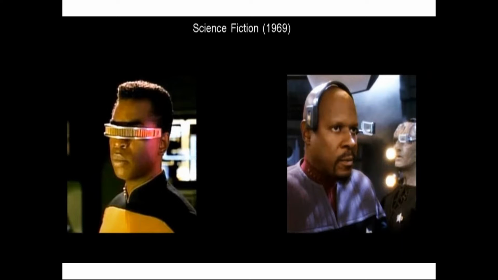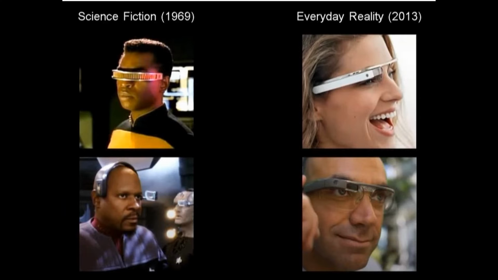The same science fiction of 1969 is now a reality, and it has been a reality for the past 7-8 years. This reality is now Google Glass. We are able to detect and classify objects using these Google glasses. So what was once a fiction is now a reality.